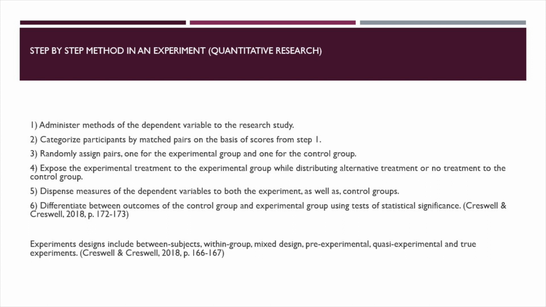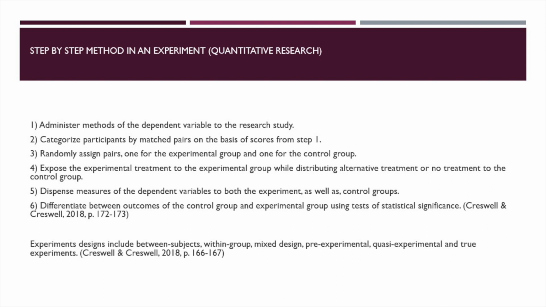The procedure for a step-by-step method in order in an experiment includes first, administering measures of the dependent variable to the research study participants. Second, categorize participants by matched pairs on the basis of the scores in step 1. Third, randomly assign pairs, one to the experimental group while the other goes to the control group.